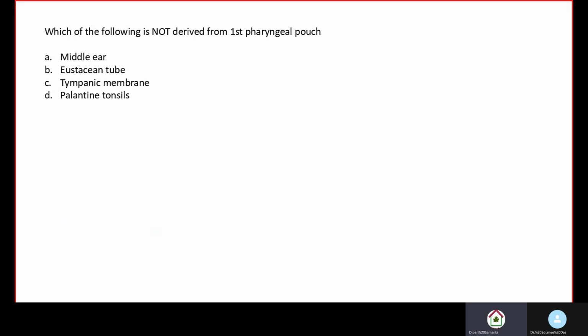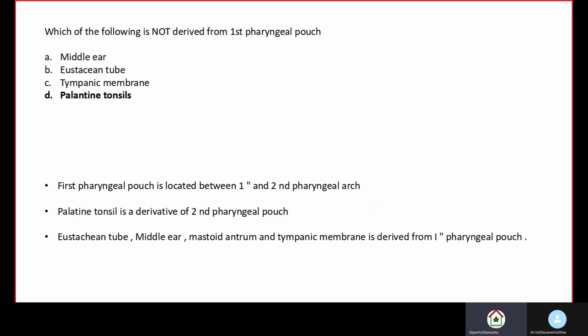Which of the following is not derived from the first pharyngeal pouch? Middle ear, Eustachian tube, tympanic membrane, palatine tonsils. The answer will be palatine tonsils. The first pharyngeal pouch is located between first and second pharyngeal arch. Palatine tonsil is the derivative of the second pharyngeal pouch.